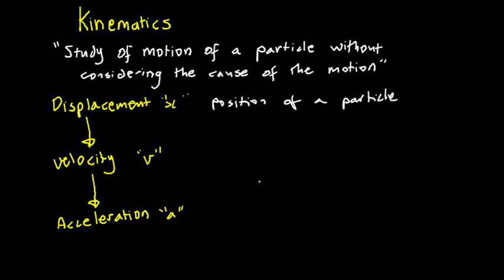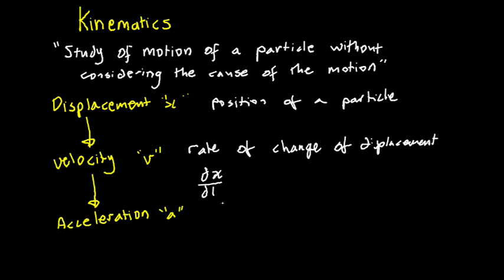For velocity, v, it measures the rate of change of displacement. So if our displacement is x, the rate of change means we're talking about the derivative of x with respect to t, where t is time.